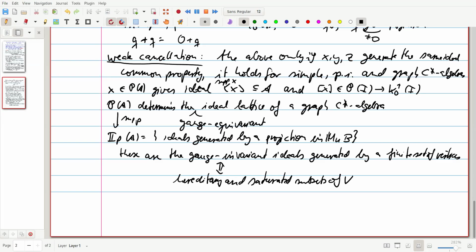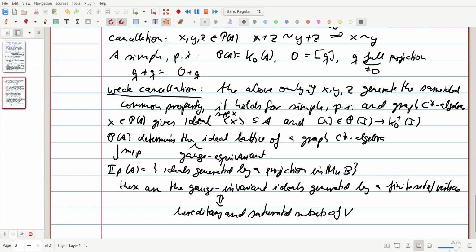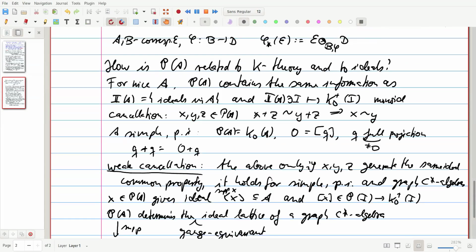And so if your C-star algebra B, into which you want to now look at the correspondence, satisfies weak cancellation, then you can describe a homomorphism of monoids from P of A to P of B in terms of a map between the ideal lattices together with a map on these K0 plus diagrams, which is what you would expect to see in a classification theorem.